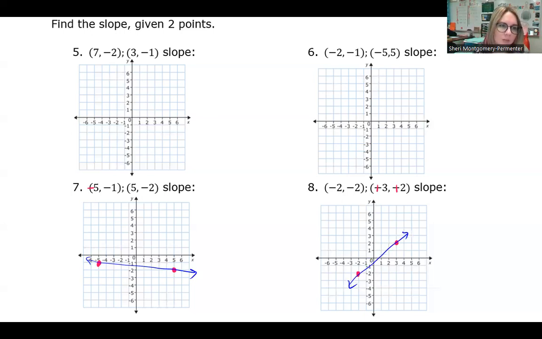To figure out my slope, I have to figure out the rise over run. So you always have to go from left to right. So for 7, to get from my left point to my right point, I have to go down 1. And then I have to go over how many?